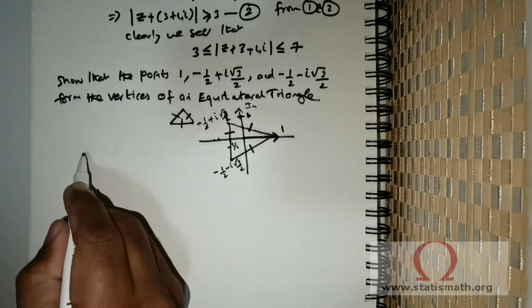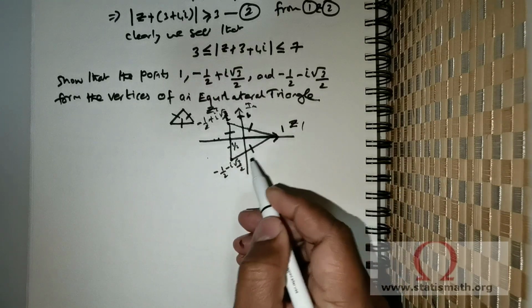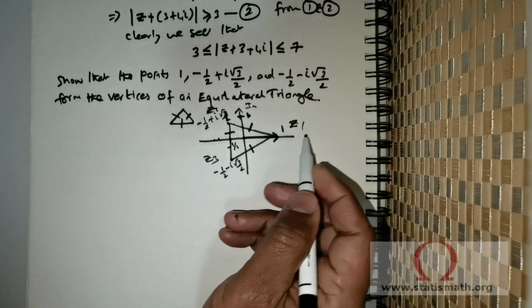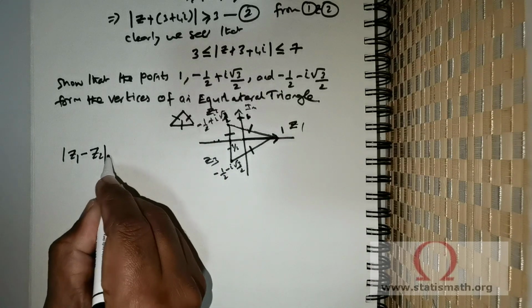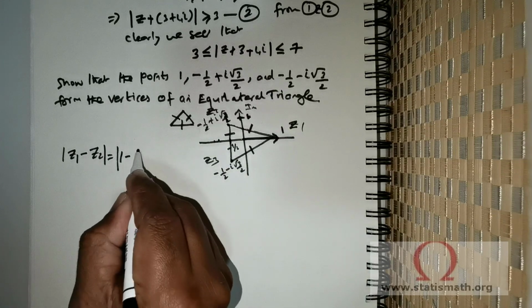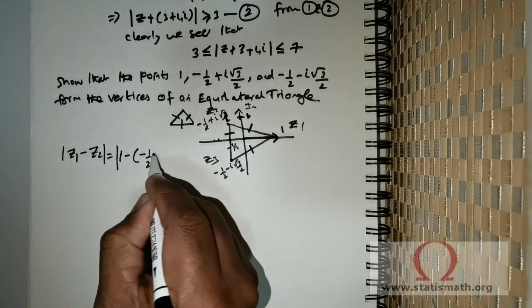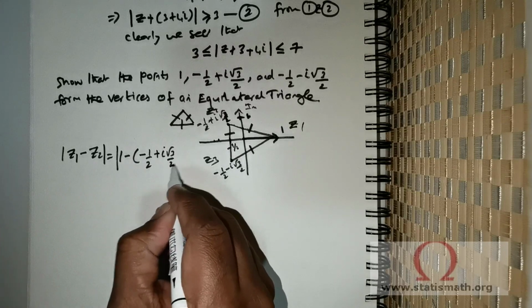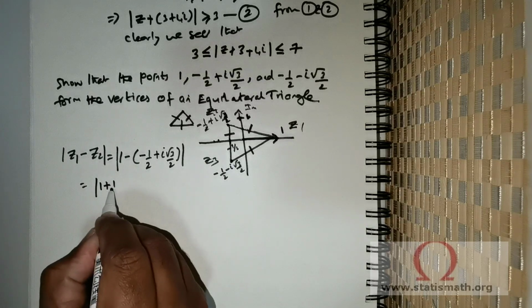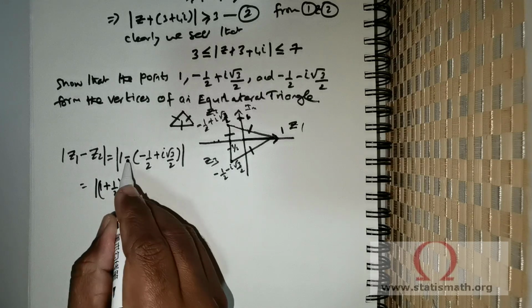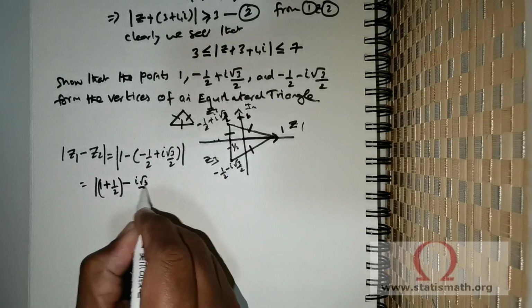So what I'm going to do is take this point as Z1, this point as Z2 and this point as Z3. First I would find the distance between Z1 and Z2. That is equal to the modulus of Z1, which is 1, minus Z2, which is negative 1 over 2 plus i times root 3 over 2. That is rewritten as 1, negative negative is positive, so 1 over 2 there, and negative times positive is negative i root 3 over 2.